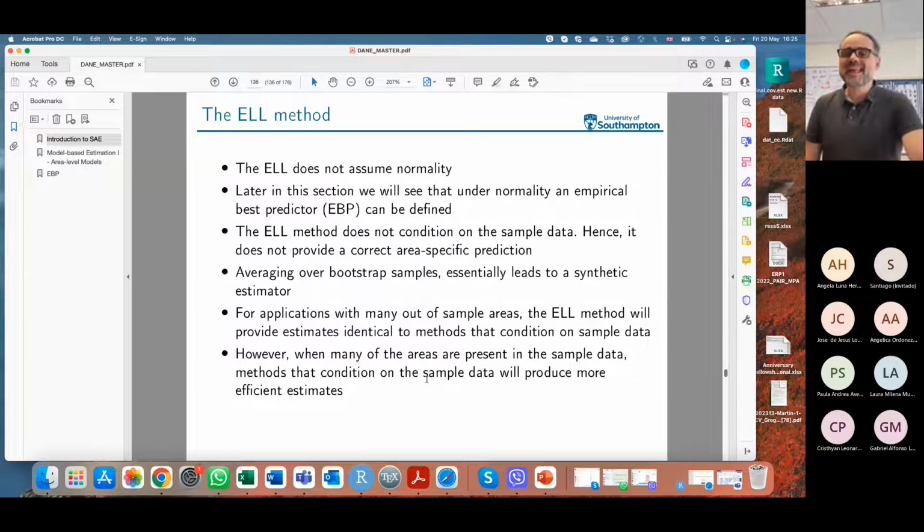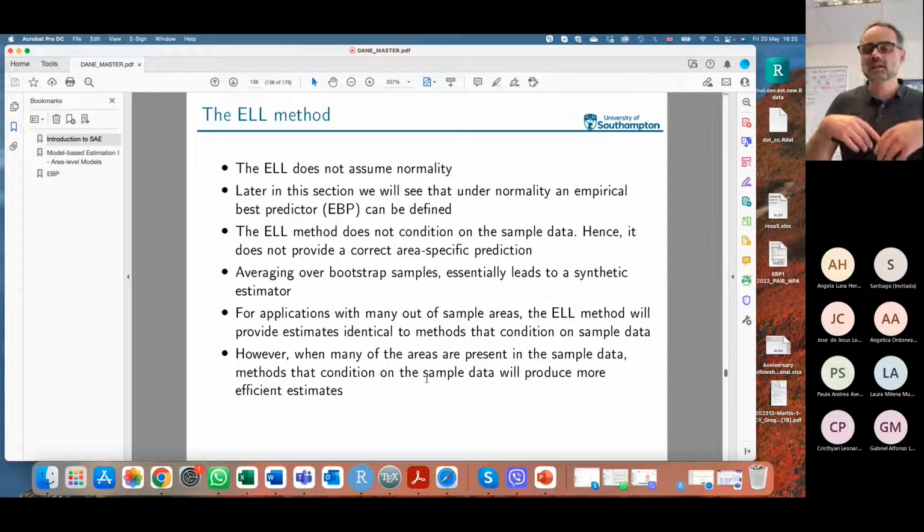So if you have an application where you have many out-of-sample areas, then the ELL method will give you estimates that will be identical to methods that condition on sample data. You will see that the ABP method conditions on the sample data.